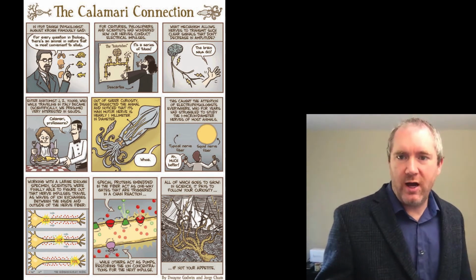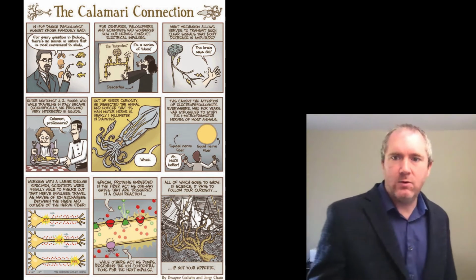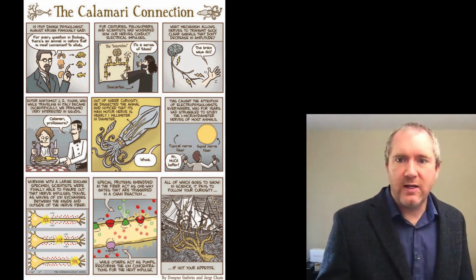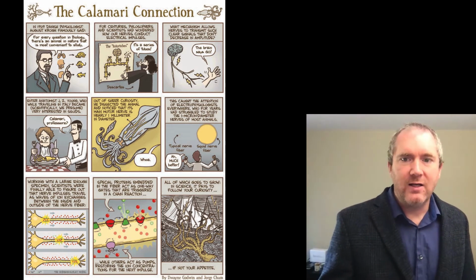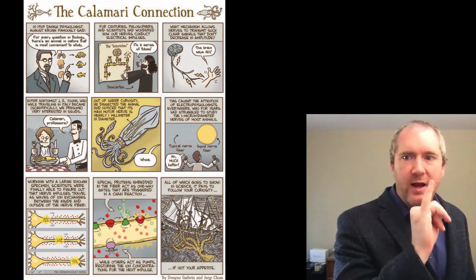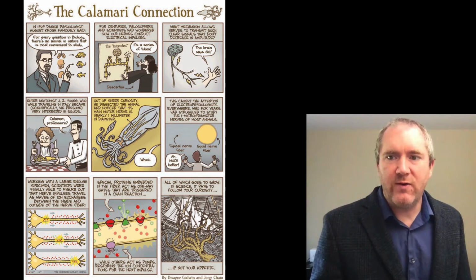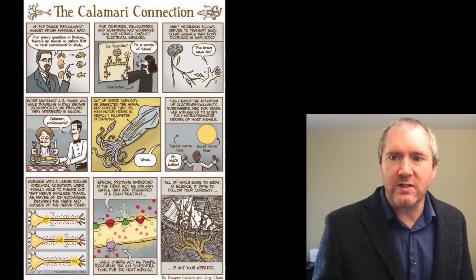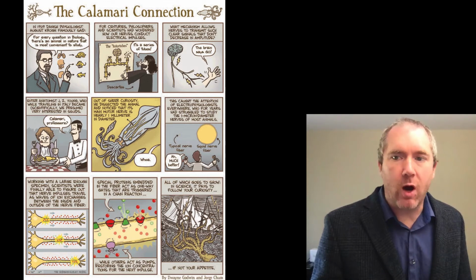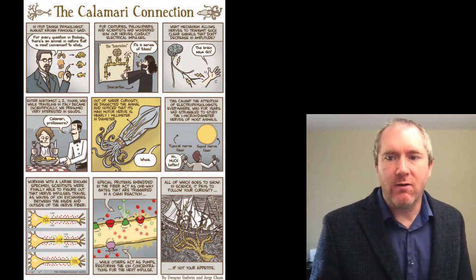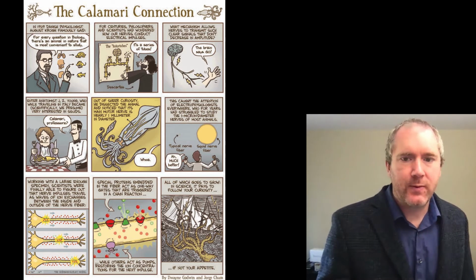Out of sheer curiosity, he dissected the animals and noticed that its main motor neuron is nearly a millimeter in diameter. This caught the attention of electrophysiologists everywhere, who for years had struggled to study the 1 micron or micrometer diameter nerves of most animals.